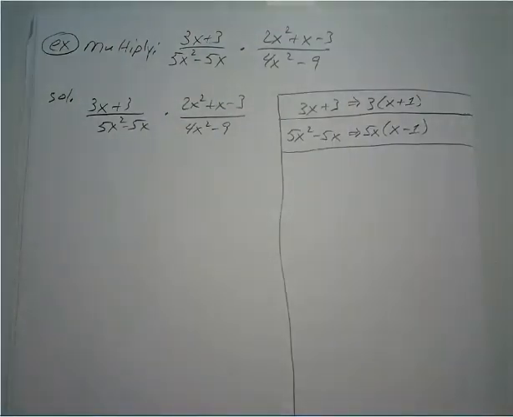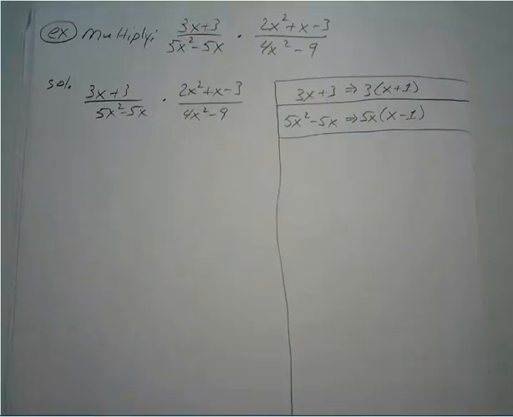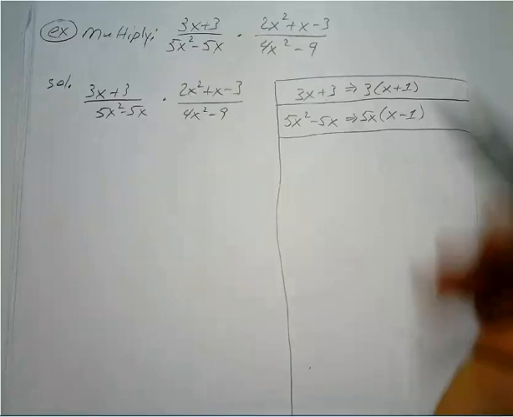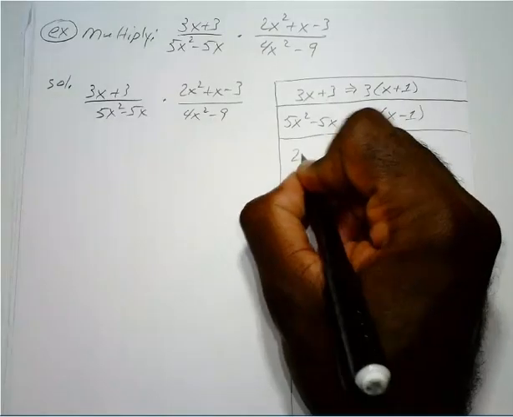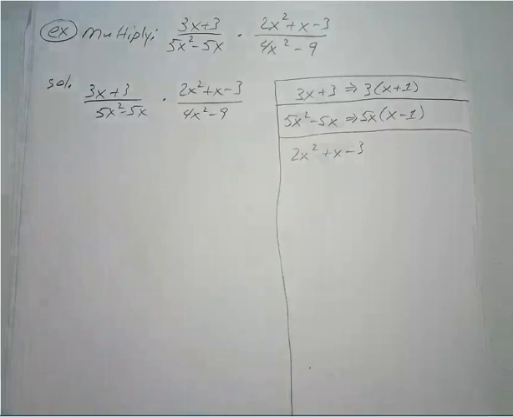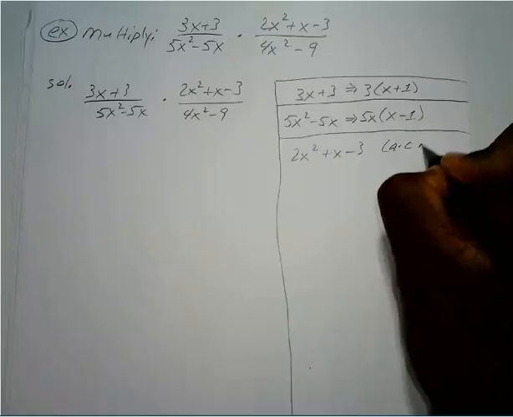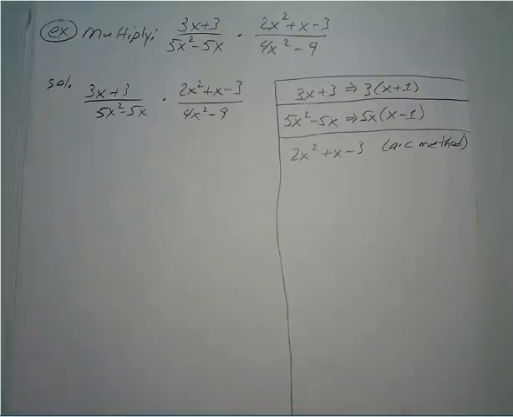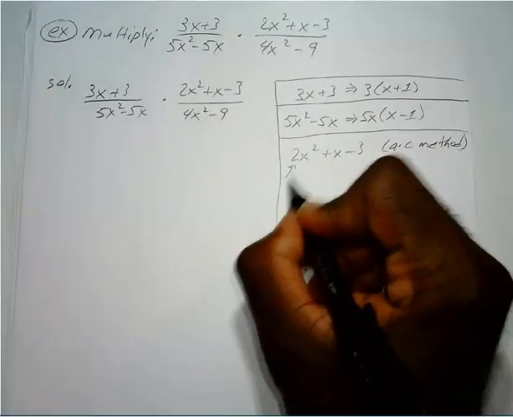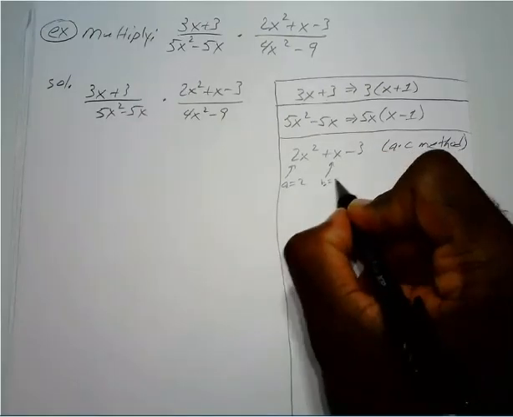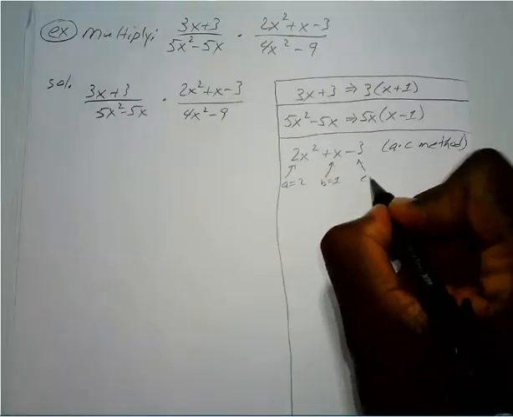Okay, so we have our 2x squared plus x minus 3, which we're going to factor using the a times c method. Okay, so here we know that a is equal to 2, b is equal to 1, and c is equal to negative 3.